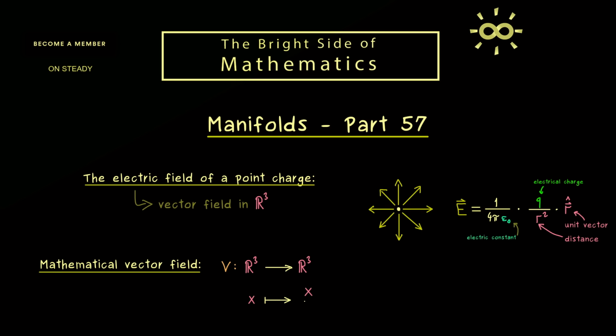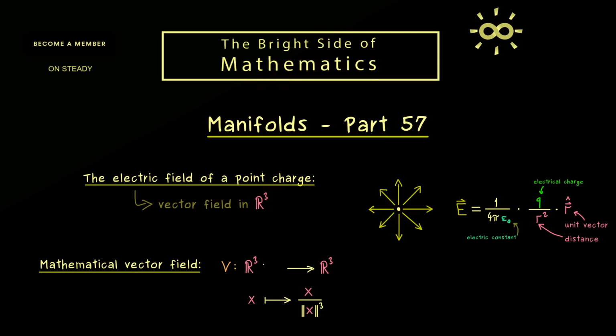The only thing we have to do is to divide it by the standard Euclidean norm of x to get a unit vector. However, since we also want to divide by the norm of x squared, we can just divide by the norm cubed. And there we have it. This already captures the whole idea of this electric field in R3.